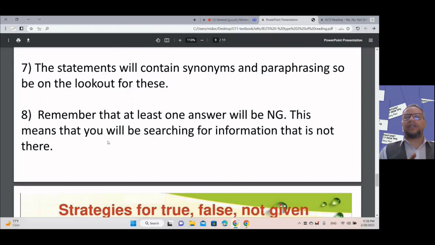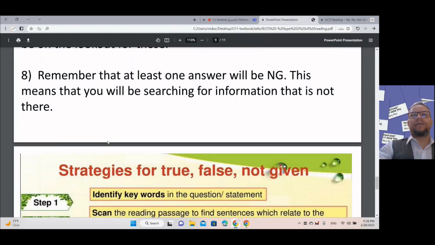So don't believe anyone telling you that if you have the question of yes, no, not given, don't choose not given for any answer. No, one of the answers has to be not given exactly. At least one, maybe more than one, but at least one. This means you will be searching for information that is not there.